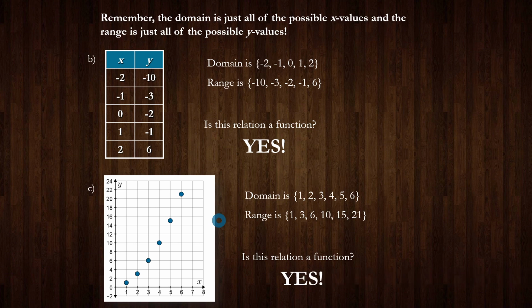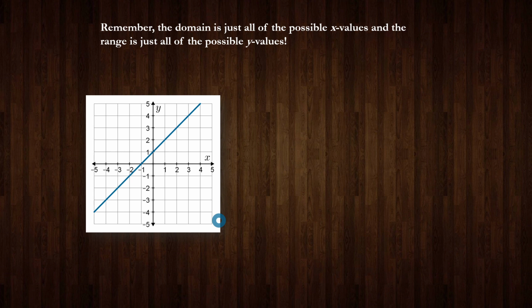All right, let's move on to something slightly more complex. Notice here that we have a graph that is no longer just a bunch of points. It's actually a continuous graph, in this case a straight line. And I'll just give you a heads up, when I use these graphs, if it extends all the way to the edge of the grid like this, it's implied that it continues on infinitely far in that direction, both up to the right and down to the left in this case.